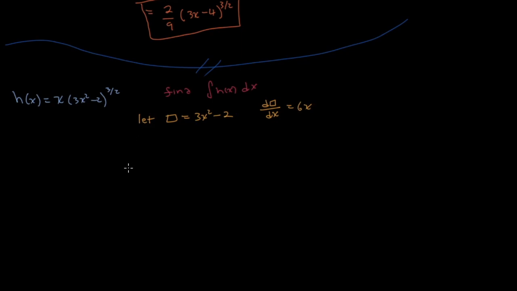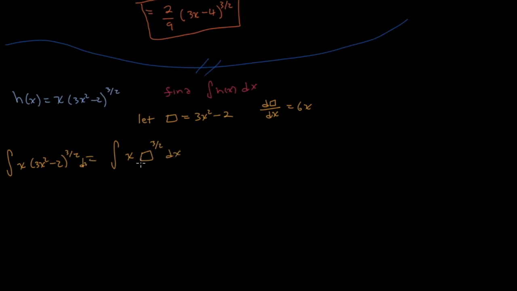Now, the next thing we're going to do is substitute this placeholder into our integrand. Remember that h at x is equal to x times 3x squared minus 2 to the power of 3 over 2. So when we substitute that placeholder in, we get x times this box to the power of 3 over 2, and there should be a dx here.